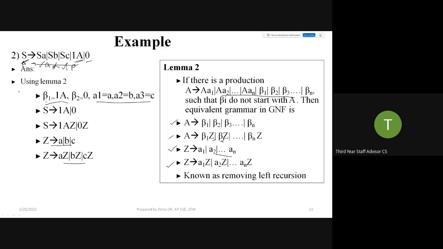So S implies 1A or 0, represented as beta 1 Z and beta 2 Z: S implies 1AZ or 0Z. Likewise, we can eliminate the left recursion in a production. Clear?